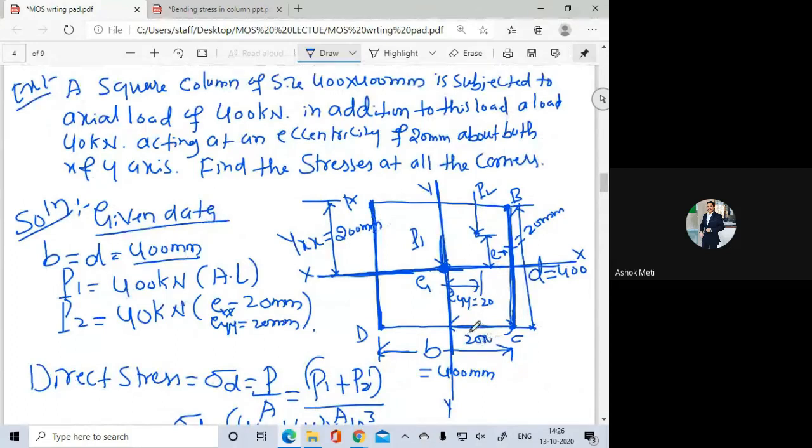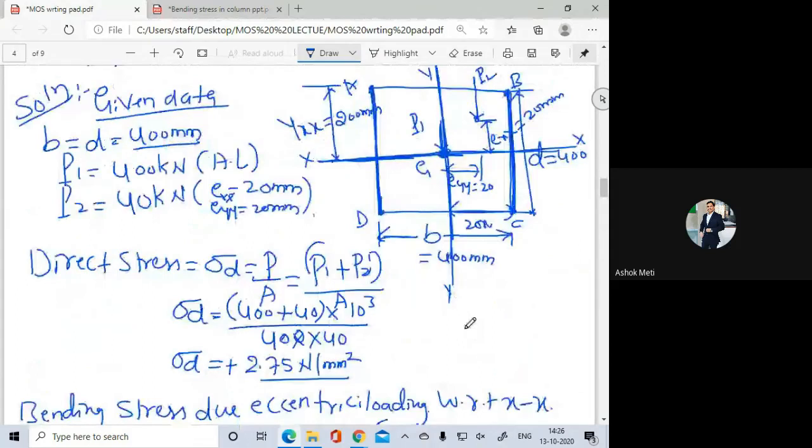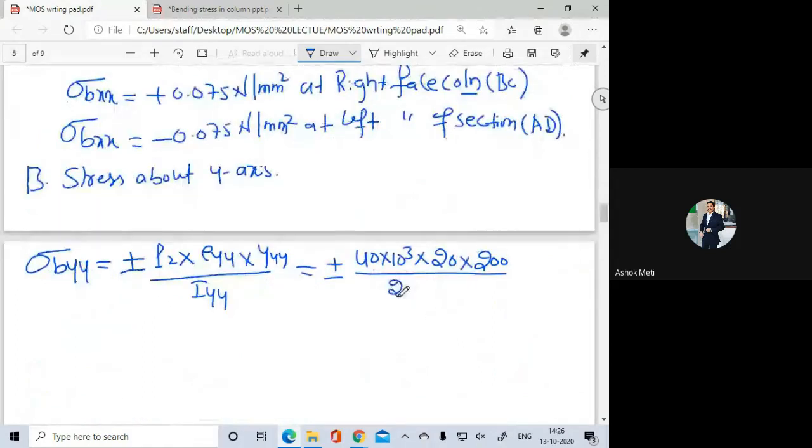And Iyy is already calculated, 2.133 into 10 raised to 9, because it is a symmetrical section about both the x and y axes.